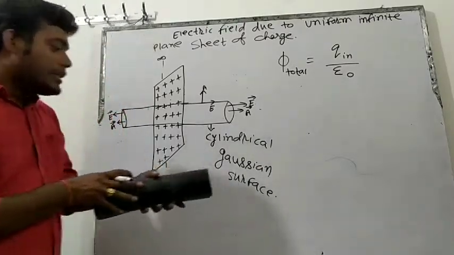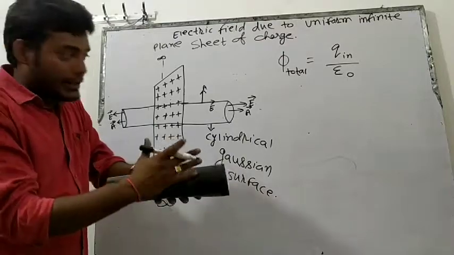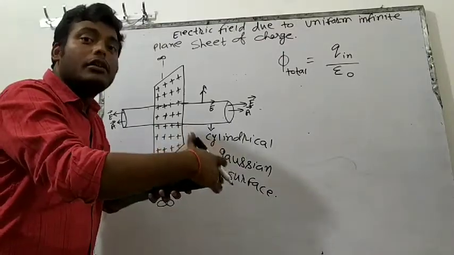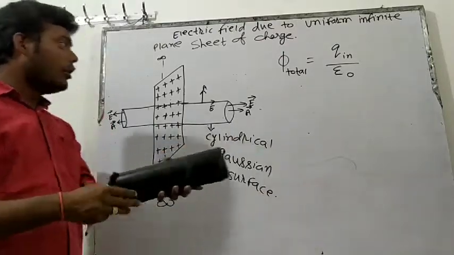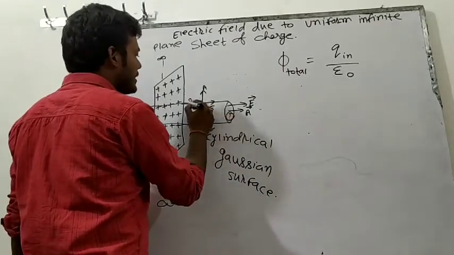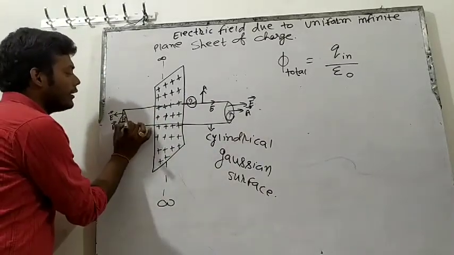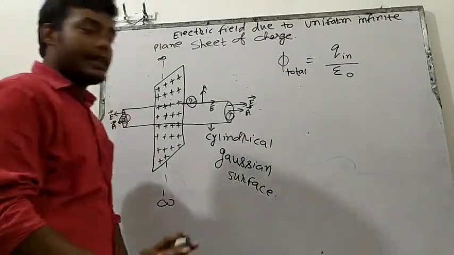See, this is our Gaussian surface. One is the curved surface. This one is the cross section, and this one is also a cross section. Let's say this is our first surface, this curved surface is our second surface, and this is our third surface. So there are three surfaces.